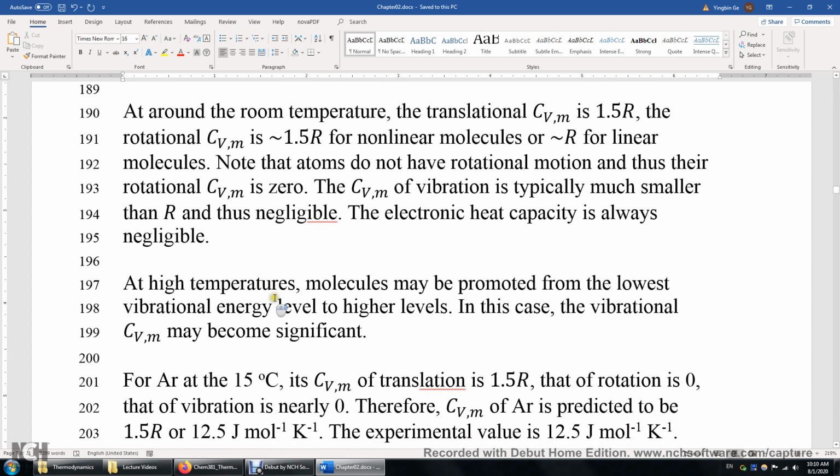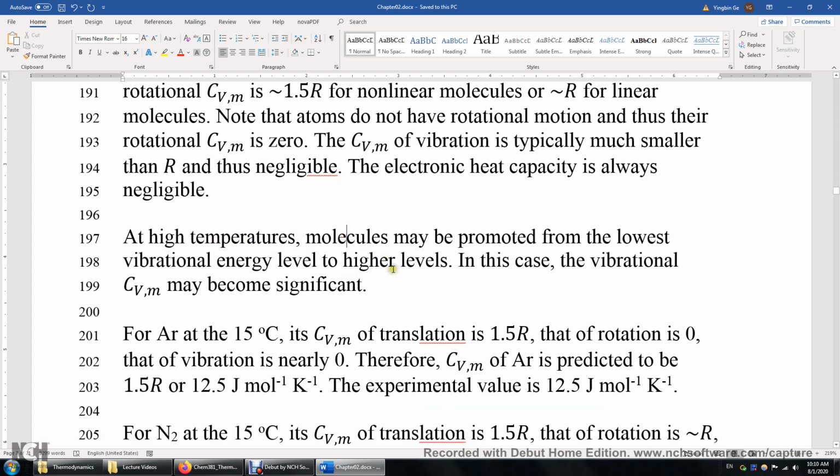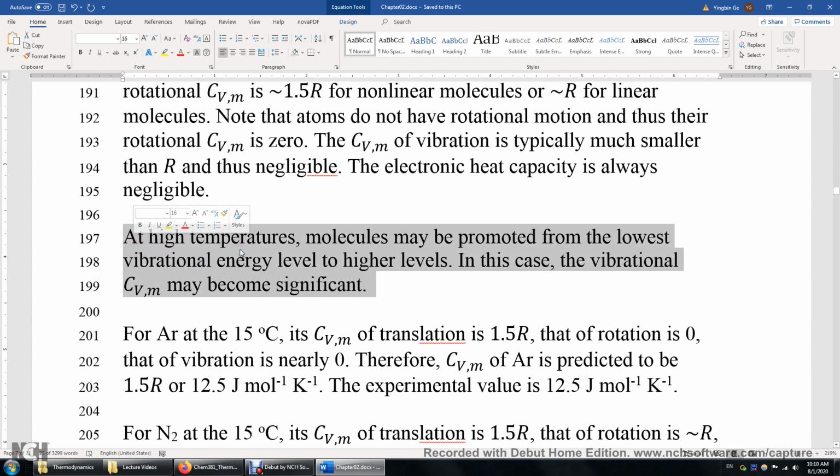At very high temperature, molecules may be promoted from the lowest vibrational energy level to higher levels, and in that case, the CVM of vibration may become significant. There's another possibility to have non-zero CVM of vibration.